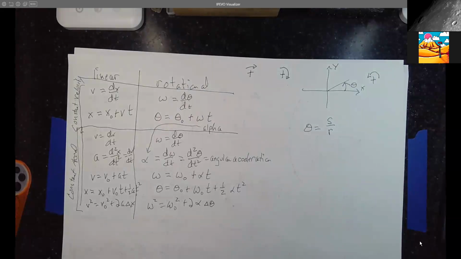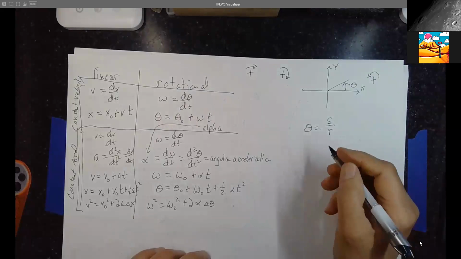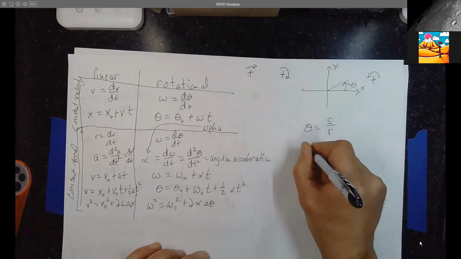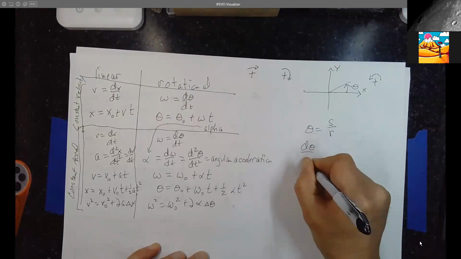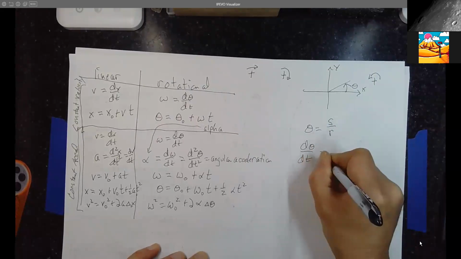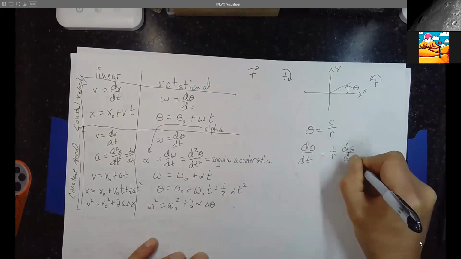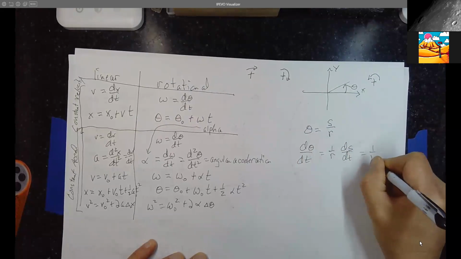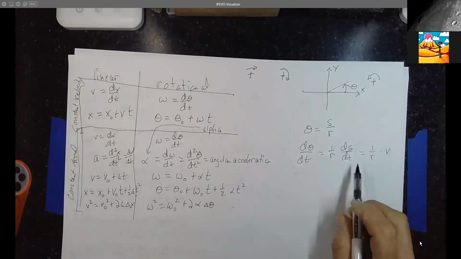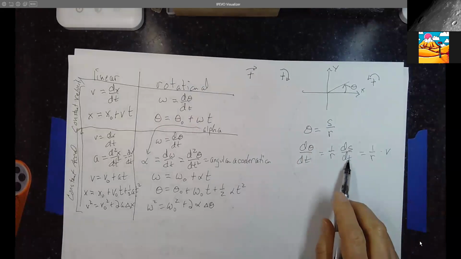We're measuring its distance out from the axle. So take a time derivative. We did this once. d theta dt is going to equal 1 over r ds dt, which is 1 over r times v. That's the speed of that point out there.